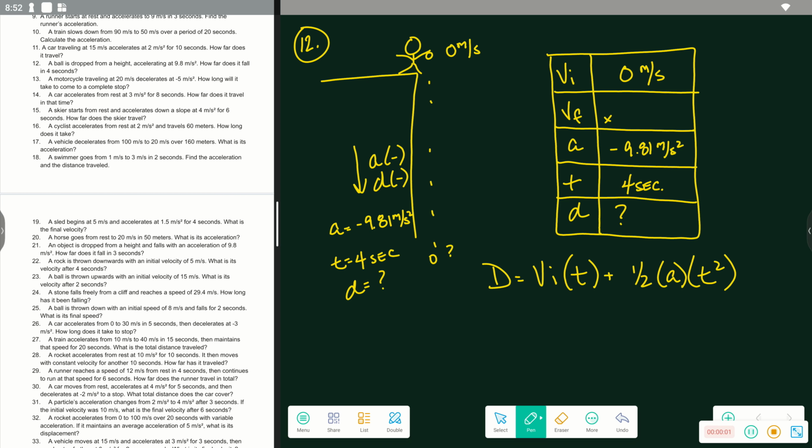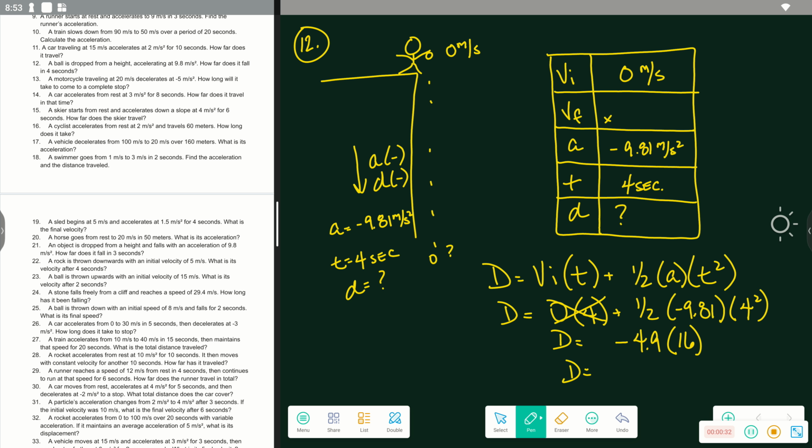All right, so d equals vi times t plus 1/2 of at squared. So d is going to equal vi, which is 0, times 4 plus 1/2 of negative 9.81 times 4 squared. So this cancels, so you're left with d equaling 1/2 of negative 9.81, which is negative 4.9, times 16.